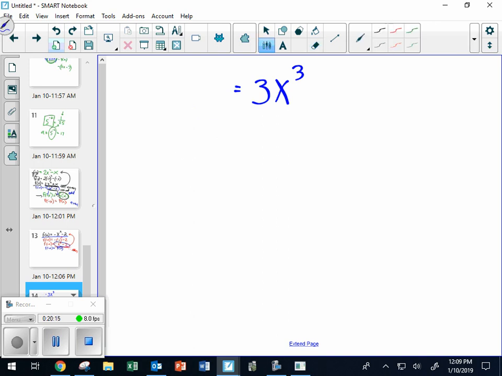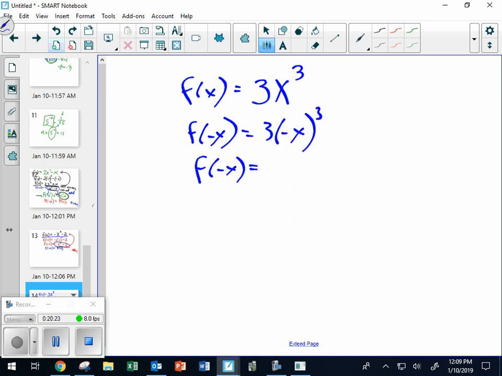Is really f of x. And so then I go f of negative x, and then I stick in a negative 3x to the third, and I simplify it down. And then I look at it and I say, is f of negative x equal to f of x? Because if it is, I've just done the odd rule.